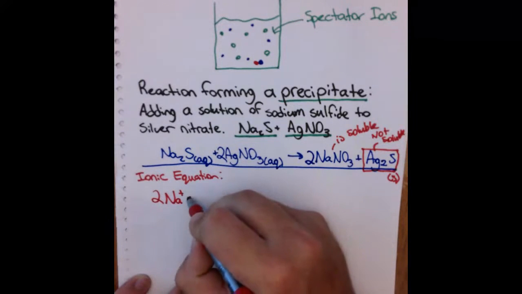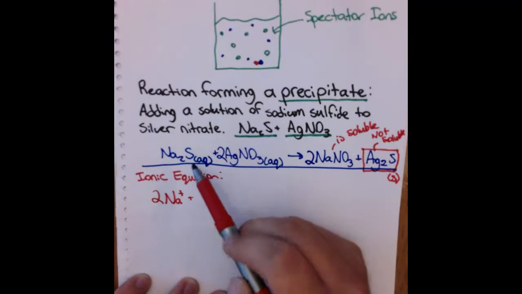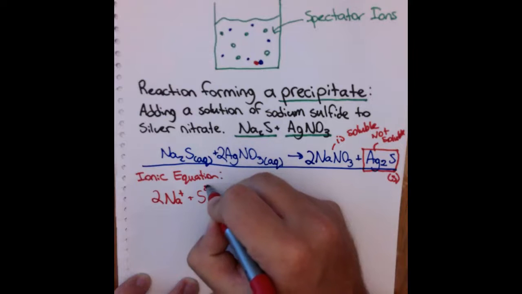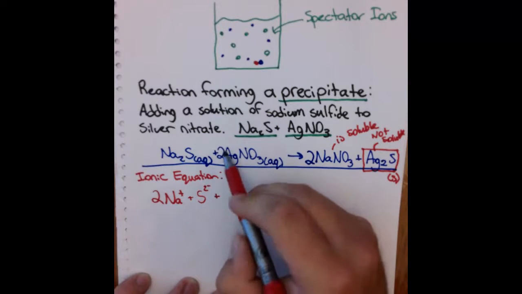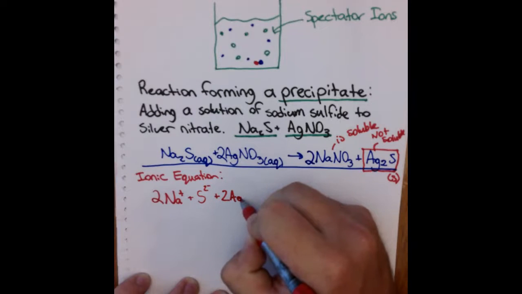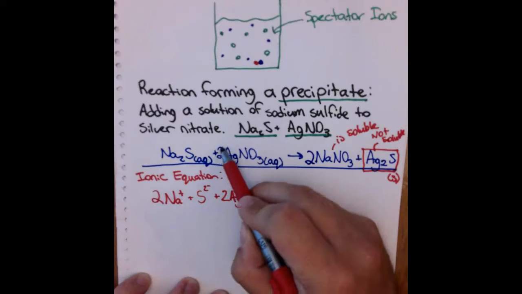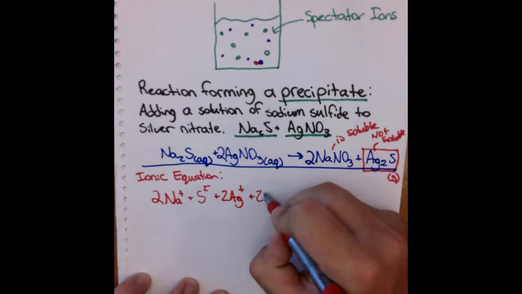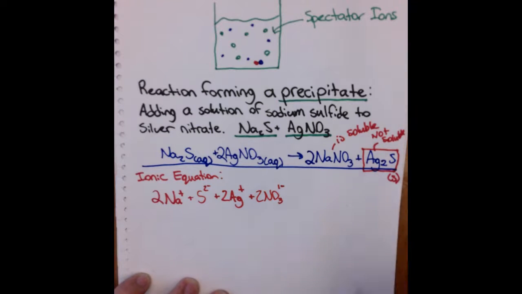That is going to be added to an S. If there are 2 positive charges, that means our sulfur is going to have a 2- charge. We are going to add that to 2 silver ions, so 2 Ag+. And because we have a 2 as a coefficient, that's also going to multiply by our nitrates, so it's going to be 2 NO3-.